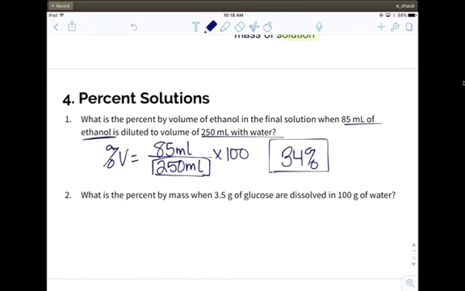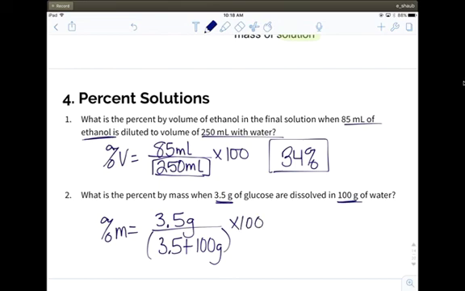Number 2 says, what's the percent by mass when 3.5 grams of glucose are dissolved in 100 grams of water? So that's what I'm talking about here. We would take the mass of the solute, 3.5 grams of glucose, but then I'm adding that 3.5 grams to the 100 grams of water.